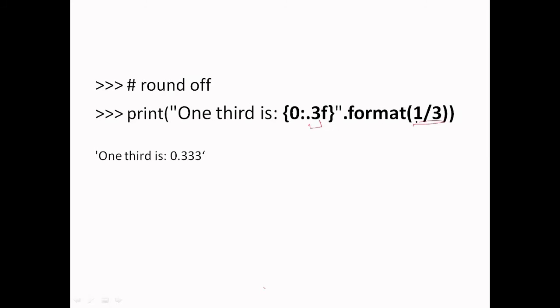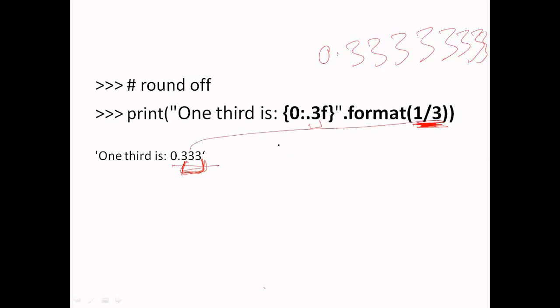So the decimal part of this value will be considered up to 3 numbers after the decimal. So 1 by 3 stands for 0.333, and like this. 1 by 3 will result in 0.333.